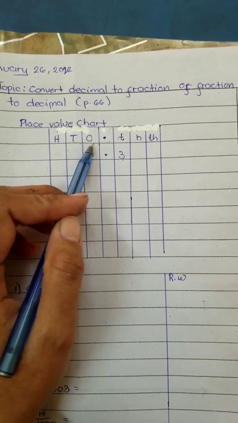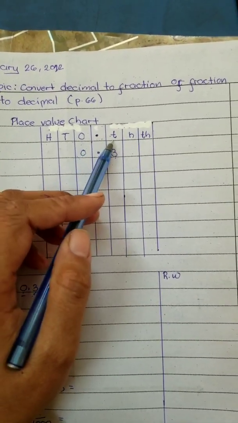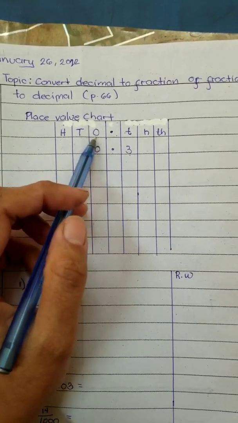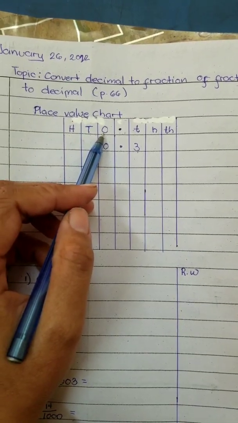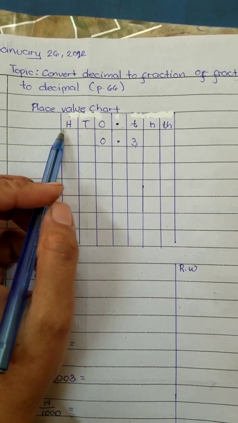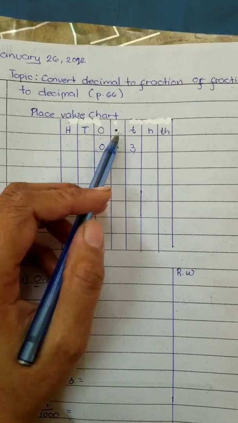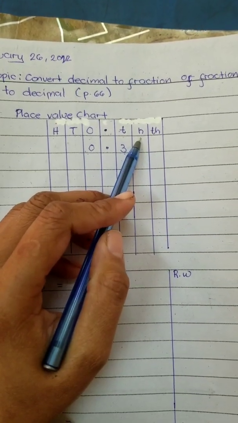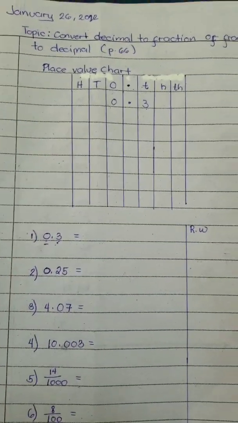Before the decimal point, these are your whole numbers, and after the decimal point, these are your decimal part. In the whole number, you always start with the ones, then the tens, and then the hundreds. After the decimal point, we start with the tenths, followed by hundredths, and then thousandths.